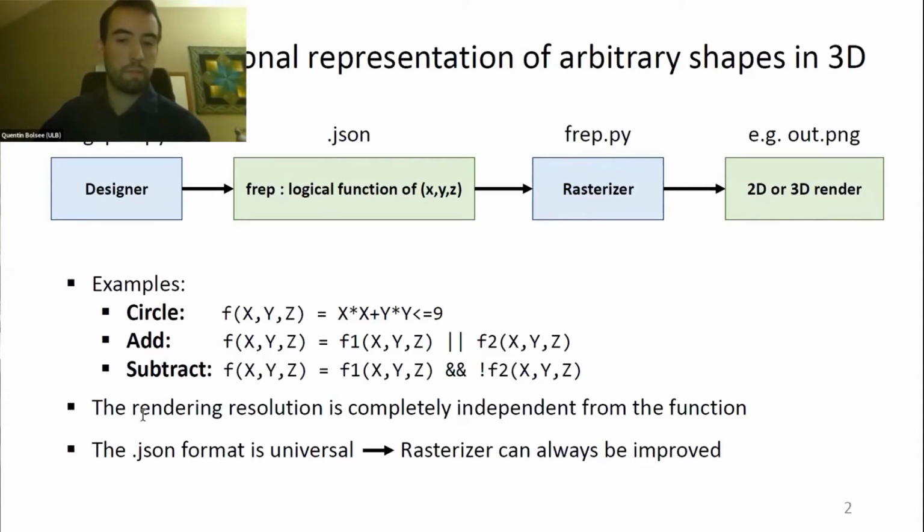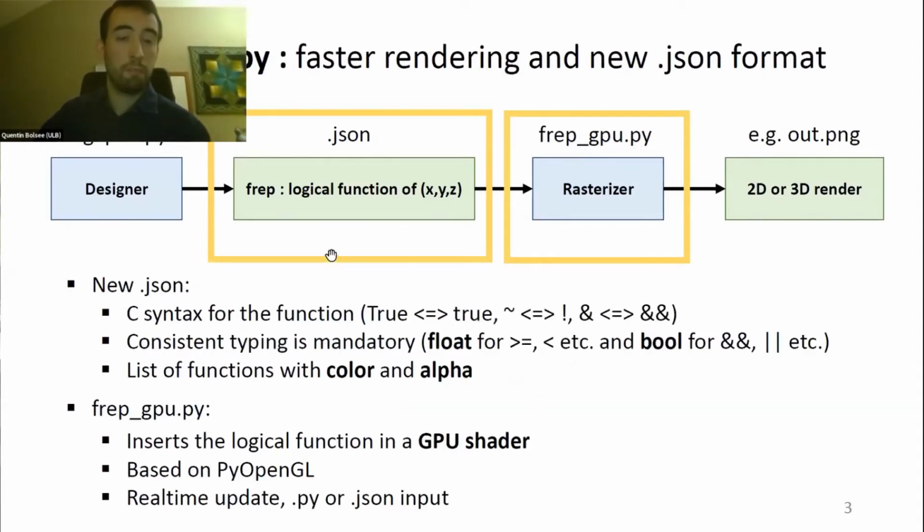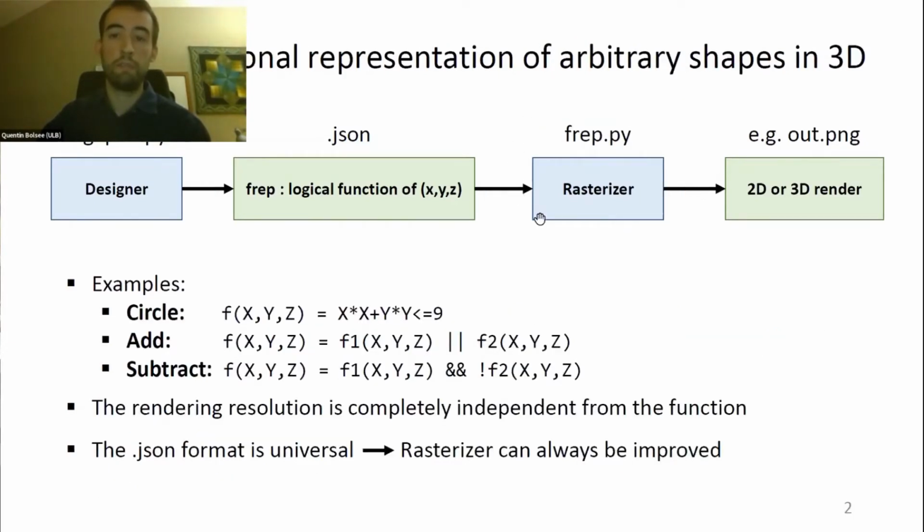Now, the improvement I made last year, FREP GPU, it's a faster rasterizer that is based on OpenGL, because previously this FREP was entirely CPU based.